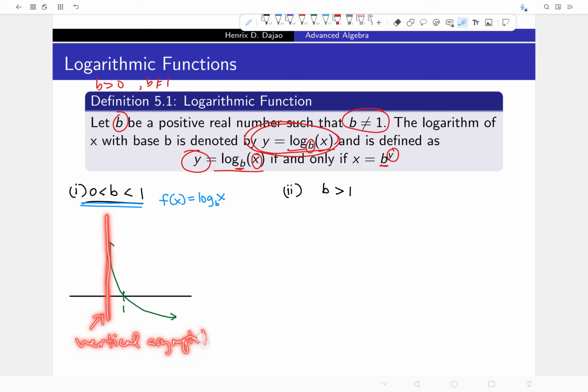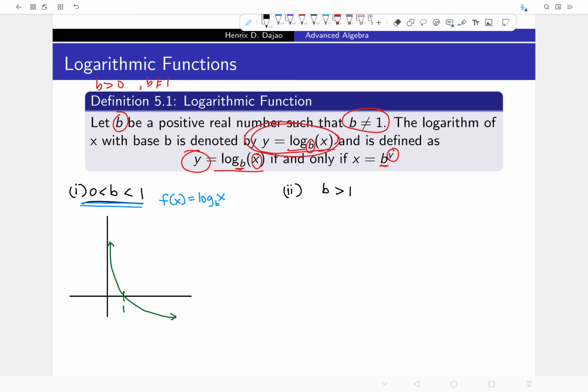We already knew what a vertical asymptote is. So this is the rough sketch of our f if your b is between 0 and 1.